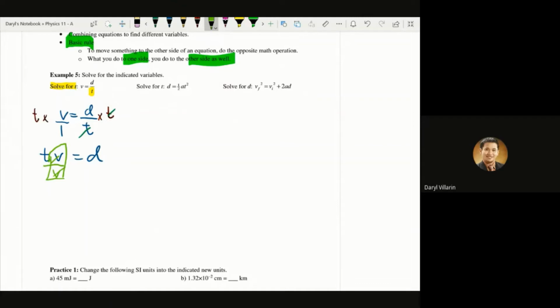But since I'm dividing on my left-hand side, following the basic rule, I will also divide the other side. So doing so, v over v will give me 1, and that leaves me with t. So t is equal to d over v, and that would be your final answer. This is now, from your speed equation, the expression for t. Okay.